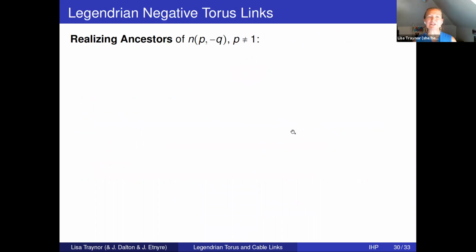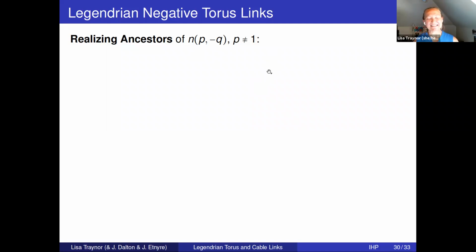So let me just give an example of how we can use some of the convex surfaces. I'm a novice at this convex surface technique, so it's been really interesting for me to think of things this way. I would tend to think of things in terms of the front projection.